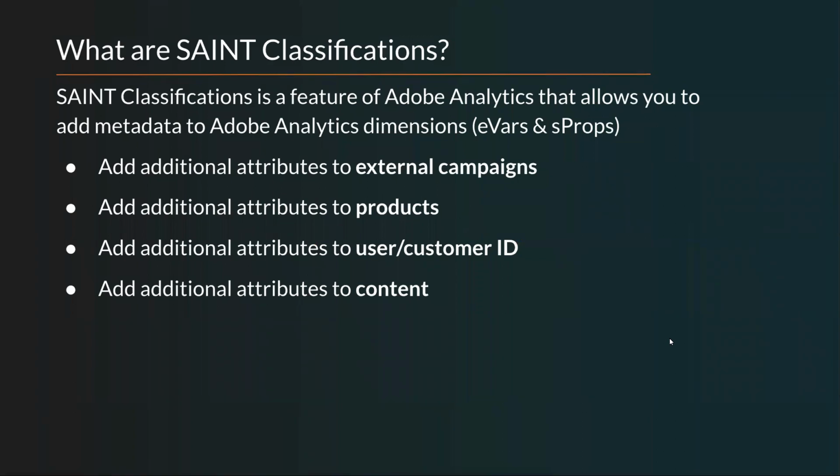These are typically used to add metadata to things that you're already capturing in JavaScript in a variable, such as external campaigns, where you want to add a bunch more attributes, or products, or maybe even a user ID, or content. It really can be used with any eVar or sProp.